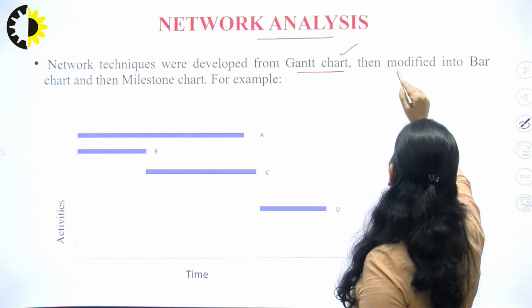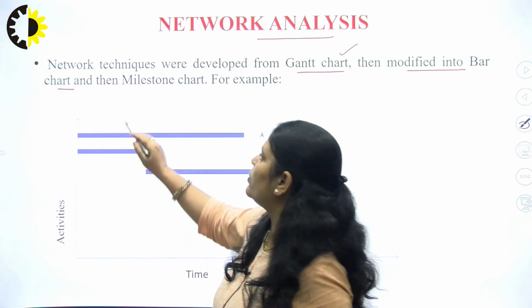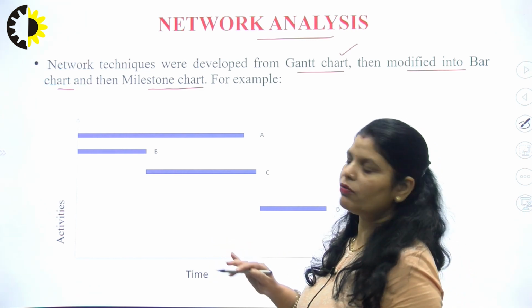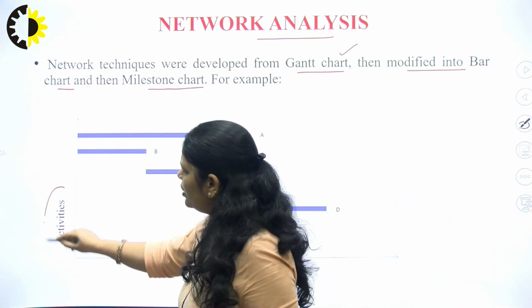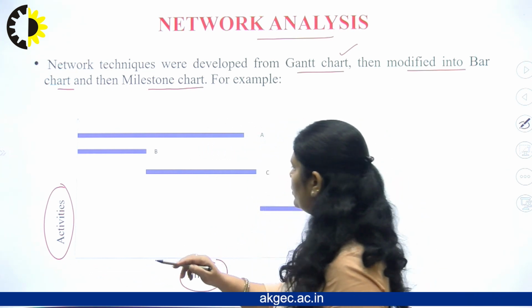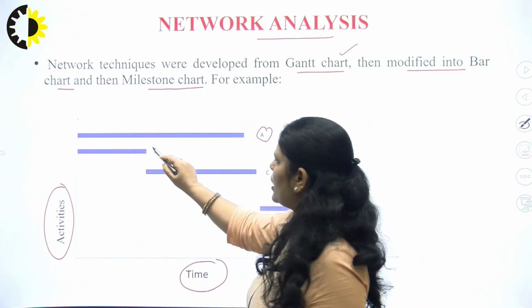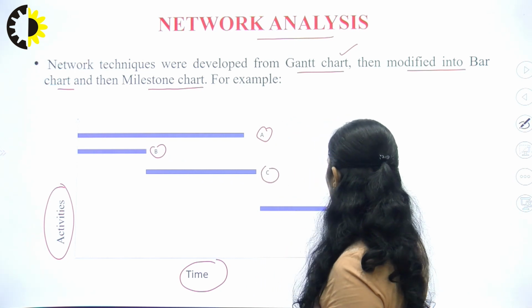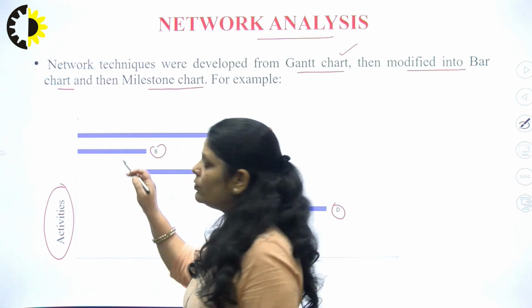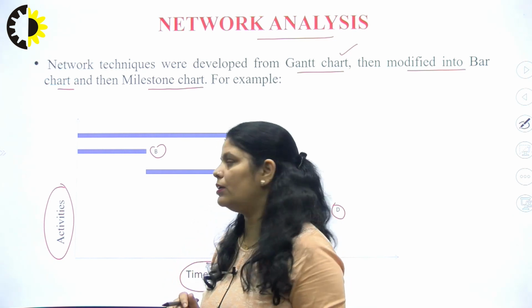After the Gantt chart, it was modified into the bar chart and then into the milestone chart. For example, we can see a graph here which shows the relationship between the different activities and time. There are 4 activities involved here, A, B, C and D. From this chart we can find out when a particular activity is starting and when it is ending.